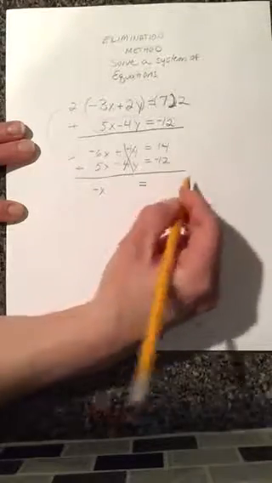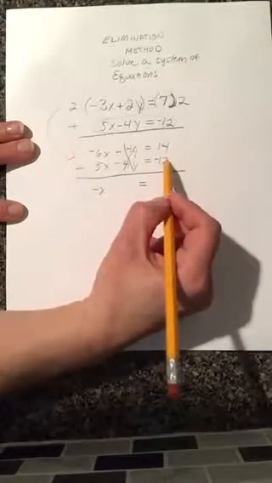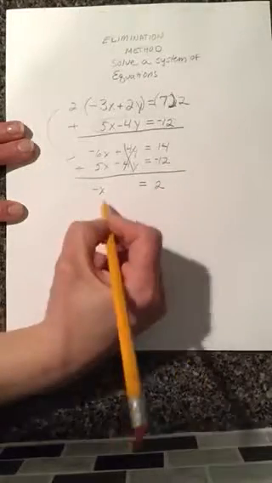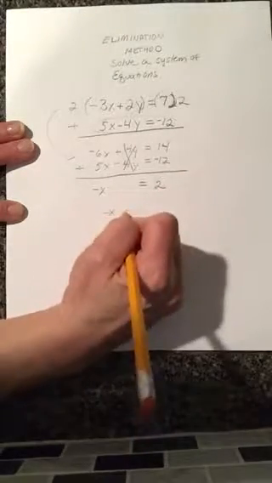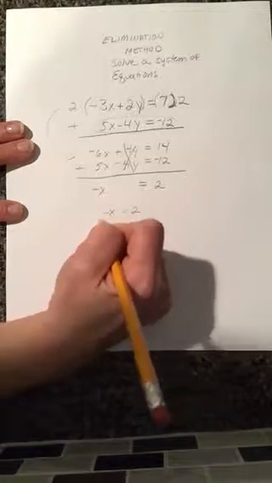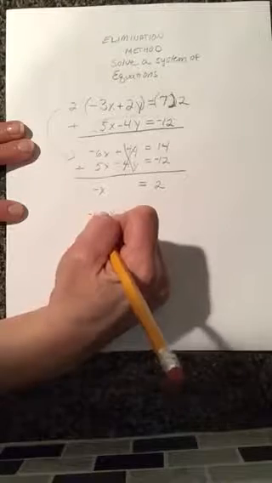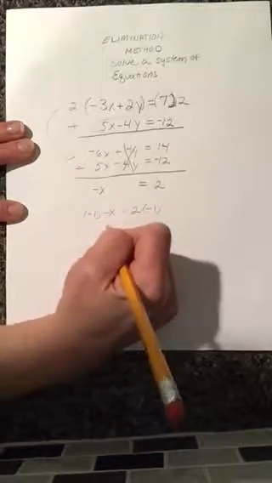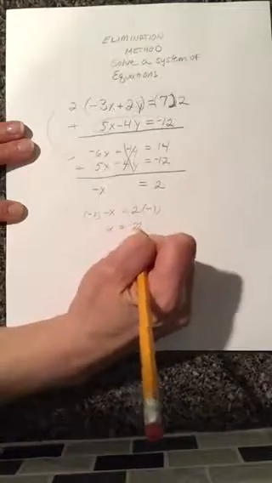We bring down the equal sign, and 14 minus 12 is positive 2, so we end up with negative x equals 2. We want to get rid of that negative sign, so we multiply both sides by negative 1, and that leaves me with x equals negative 2.